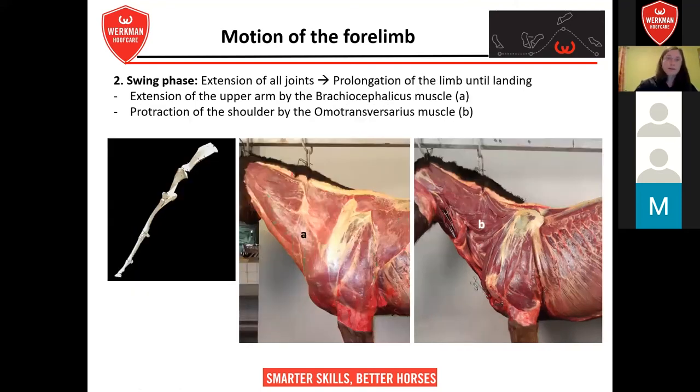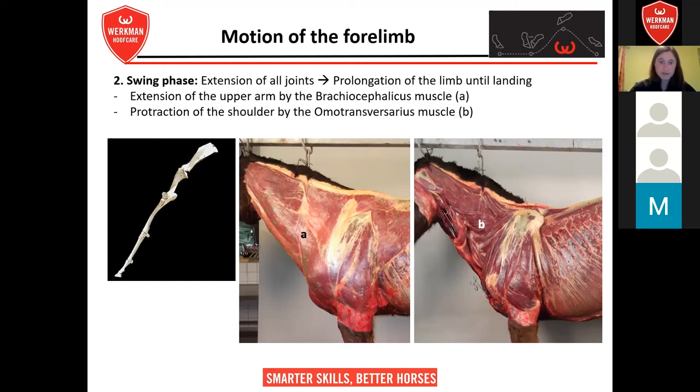And then the second part of swing phase is mainly maintained by the activity of the neck muscles. So for example, the muscle highlighted with A is running from the neck and from the skull to the brachium, so to the arm, to the front limb.